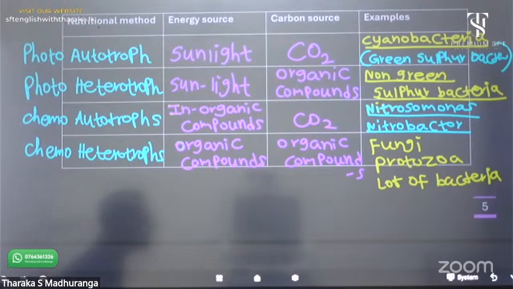Chemoautotrophs depend on inorganic compounds as the energy source and use carbon dioxide because they produce foods using chemicals; Nitrosomonas and Nitrobacter are examples. Chemoheterotrophs use organic compounds for both energy and carbon; fungi, protozoa, and a lot of bacteria are examples.